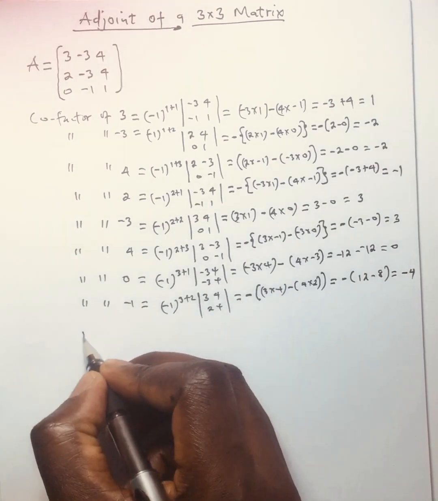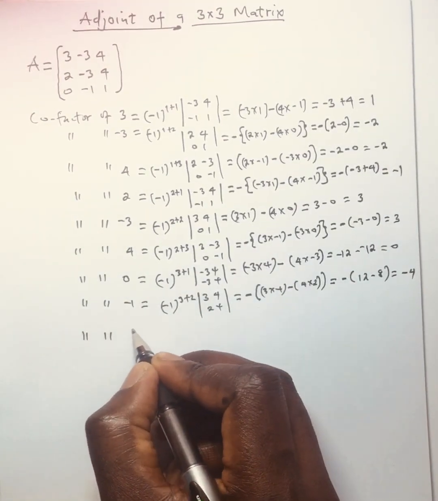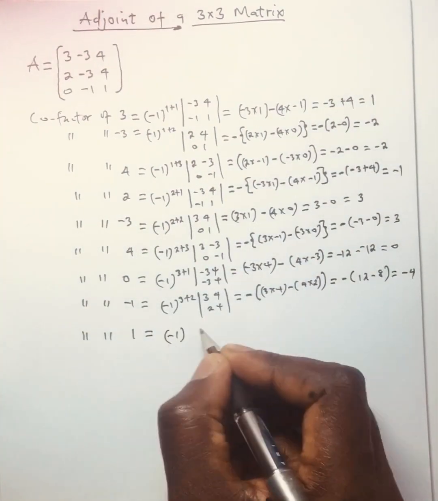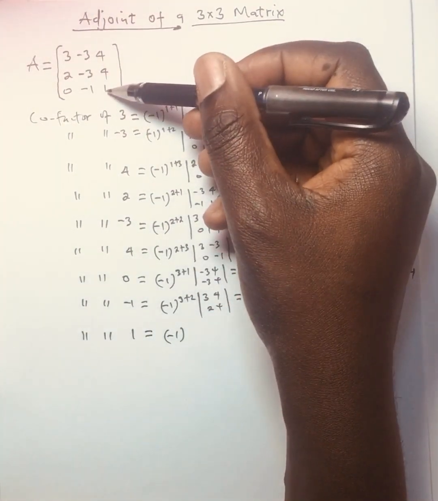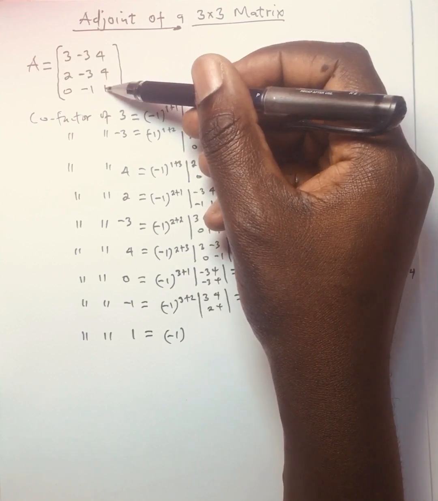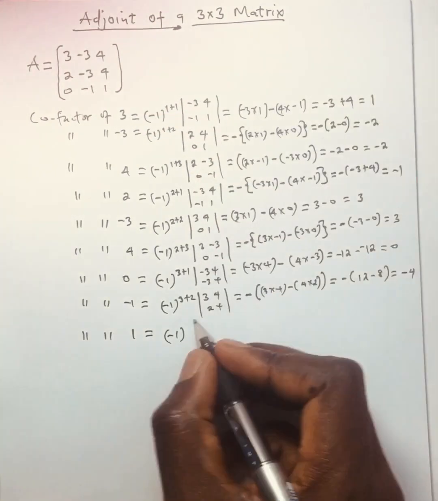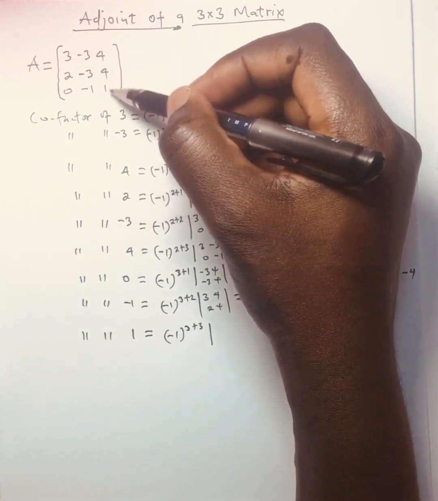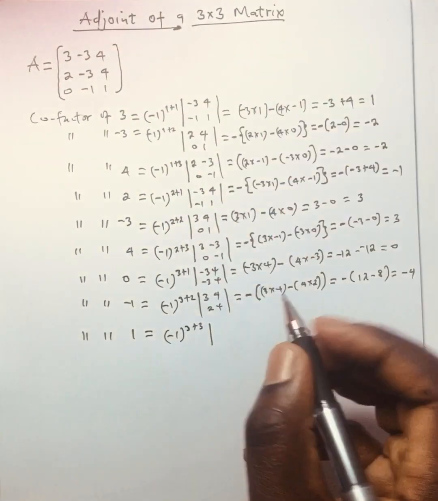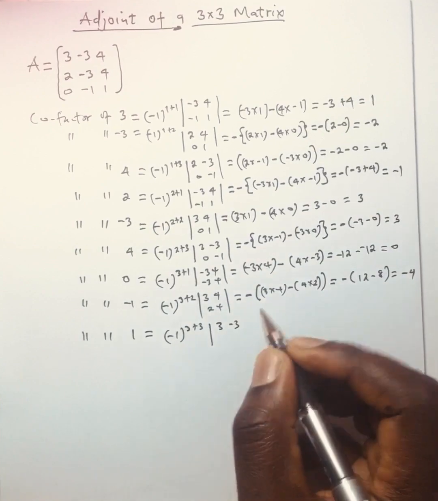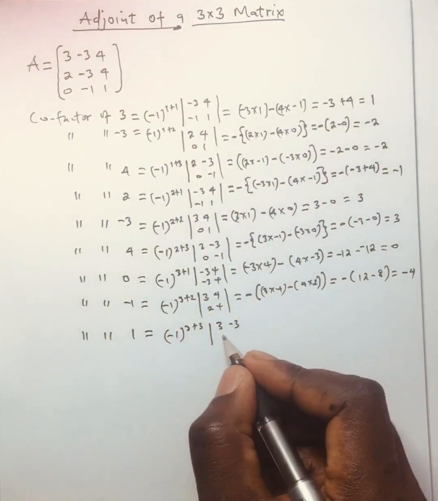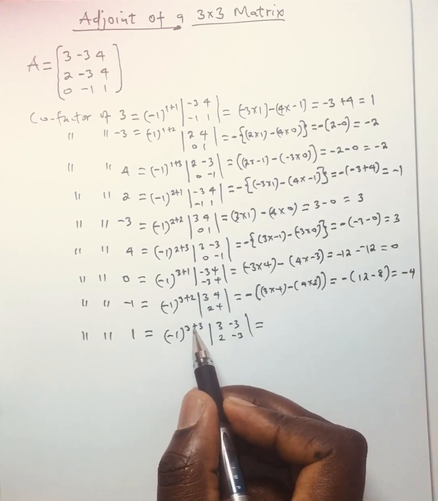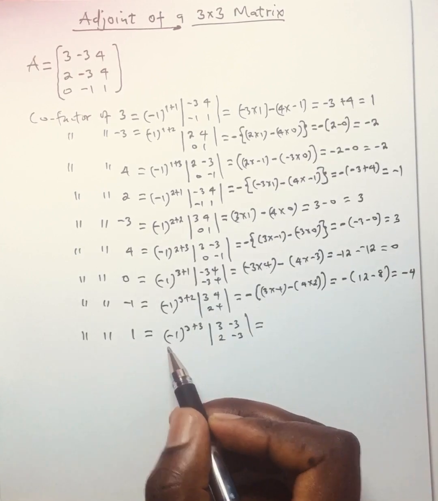Then finally, the cofactor of 1, this last one. You have negative 1 raised to the power of its position: it is in row 3, column 3. When you cover its row and column, you're left with 3, negative 3, 2, negative 3. Because the power is even, the negative 1 will disappear.